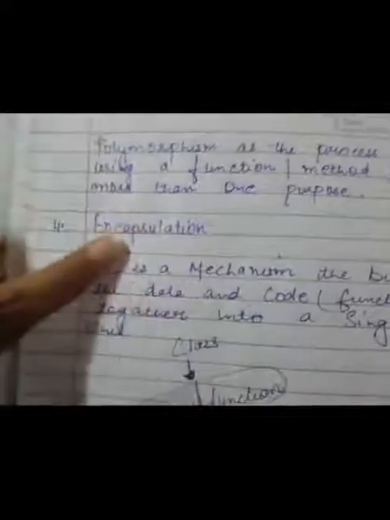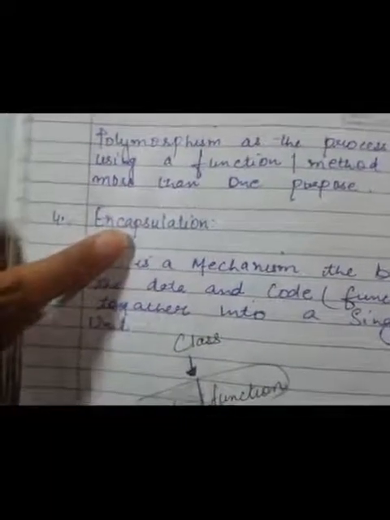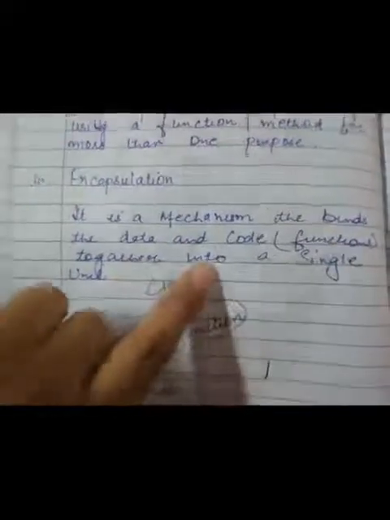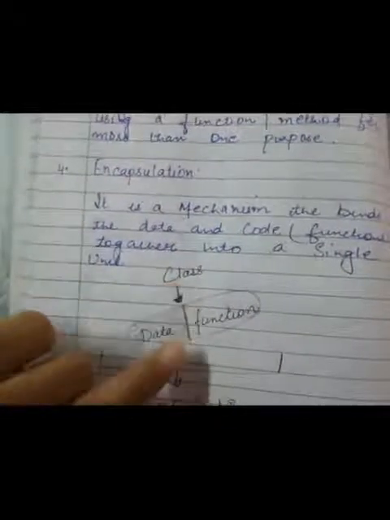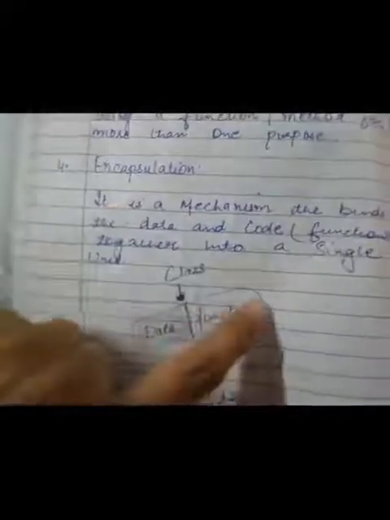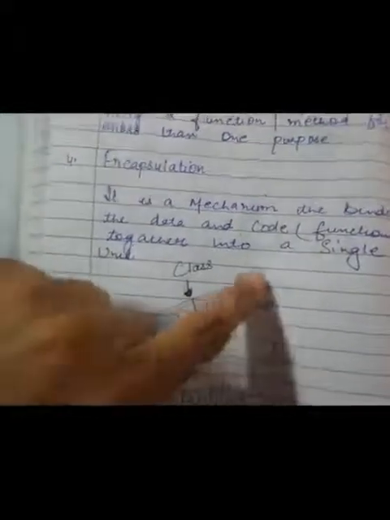Next, the last principle of OOP is encapsulation. It is a mechanism that binds the data and code, we can also say functions, together into a single unit, and is called encapsulation. So this is your class. Data and function are bound into a single unit.